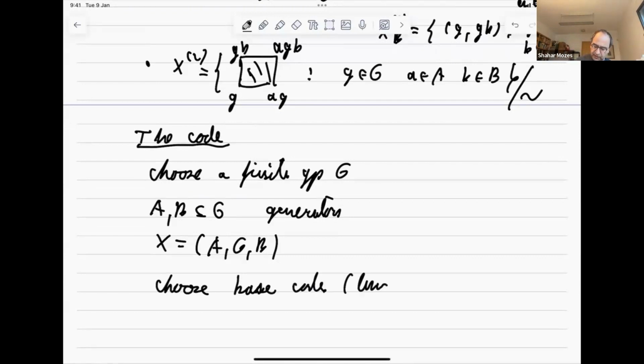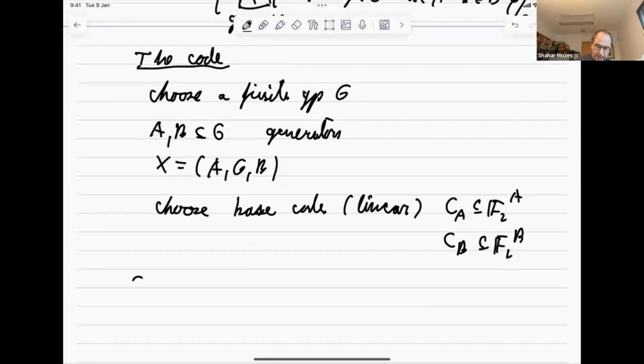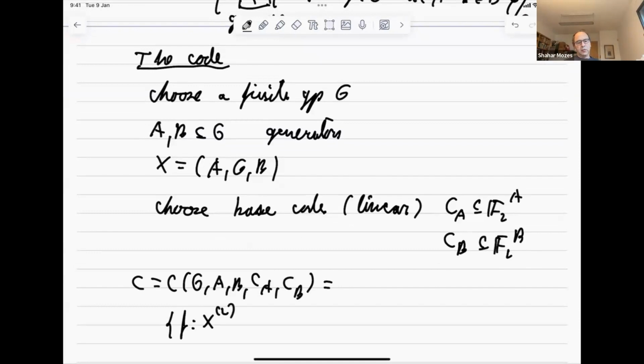All of our codes are linear: CA, which is a subset of F2 to the A, and CB, which is a subset of F2 to the B. And we are going to define the code C. Depending on all these parameters, G, A, B, CA, CB, C is the collection of all maps where we write zeros and ones on the squares. You look at the two-skeleton of the complex, and on each square you write either 0 or 1. So these are just maps like this.